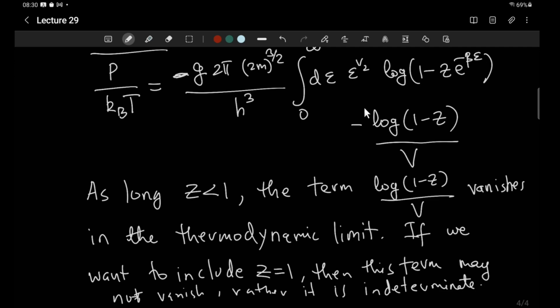Thermodynamic limit is taking V to infinity. If you said 0.99999, something like that, the log of that you compute, it will be around log 10 times 6 or something like that.